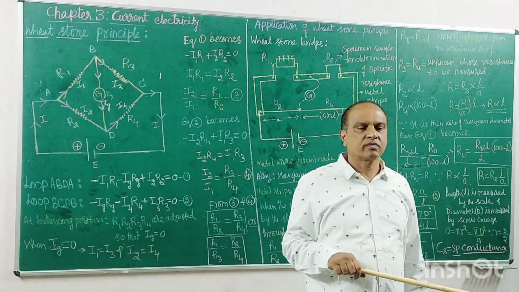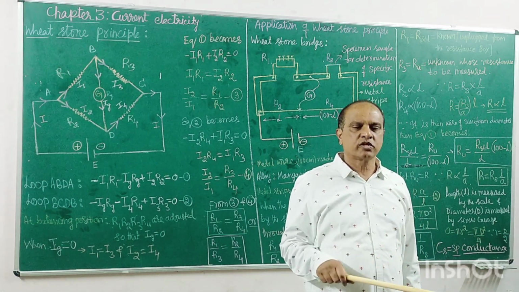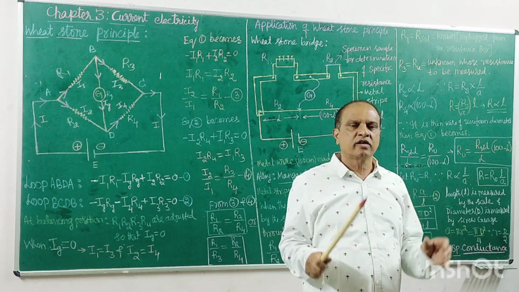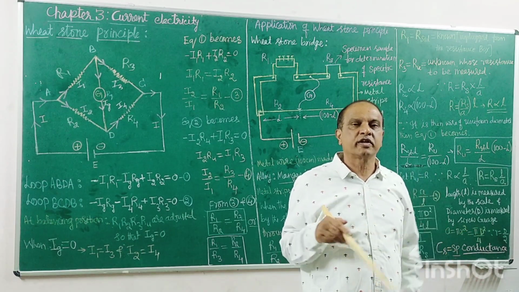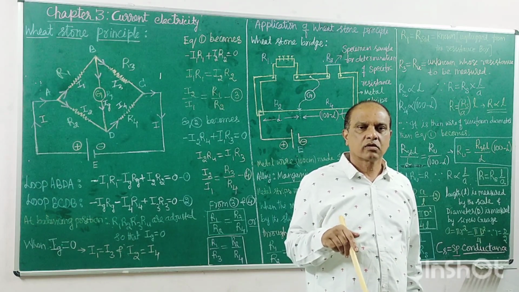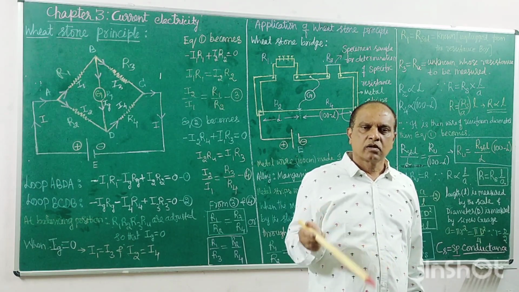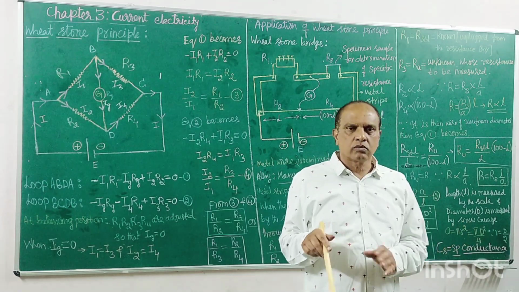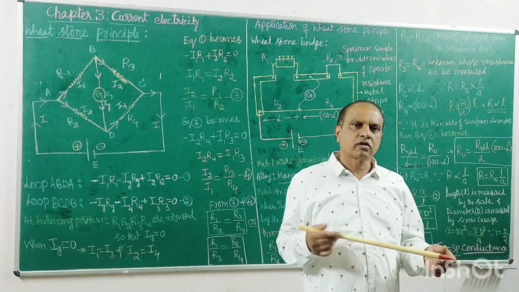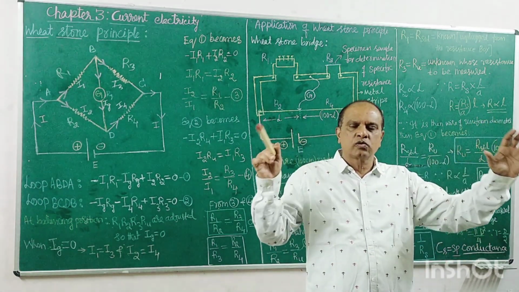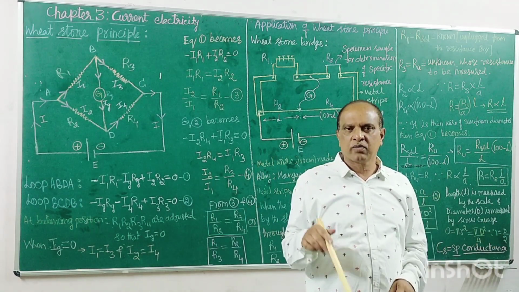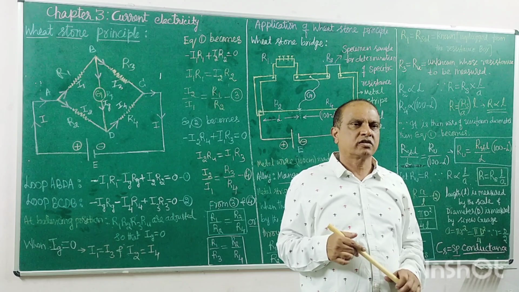There is a formula for that. Degree of dissociation means what percentage of molecules are dissociated. When you dissolve a salt in solution, don't think that all the molecules are dissociated. Only some molecules are dissociated, and the remaining molecules are in the molecular state.